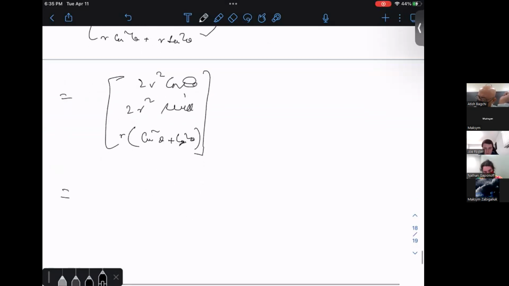So this is equal to (2r squared cosine theta, 2r squared sine theta, r cosine squared theta plus r sine squared theta). So this is equal to (2r squared cosine theta, 2r squared sine theta, r).